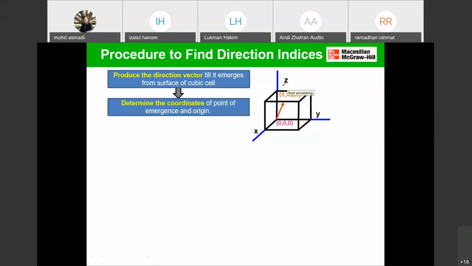Y is equal to half, 50% of the y axis. This is just half of the y direction, but it's full for the x direction as well as full for the z direction. So x, y, z, the emergence is going to be 1, 1/2 and 1.